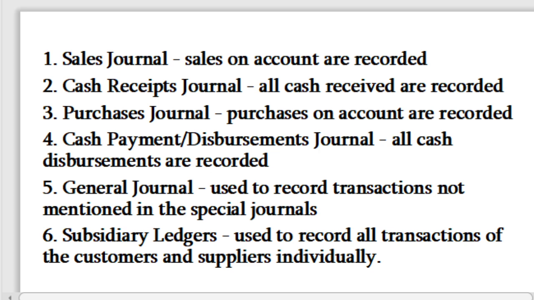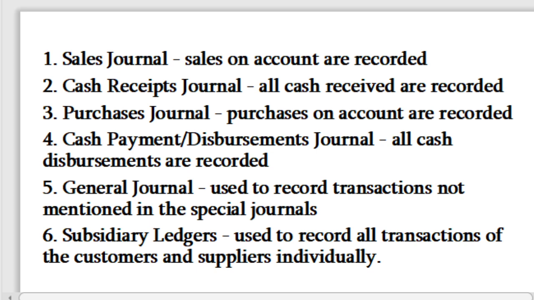Those are recorded in the general journal. Ang special journals pala natin is itong 4 lang: sales, cash receipts, purchases, and the cash payment or cash disbursement journal. Kung hindi mo maklasify sa 4 na special journals yung transaction, dito mo siya ilalagay sa general journal.